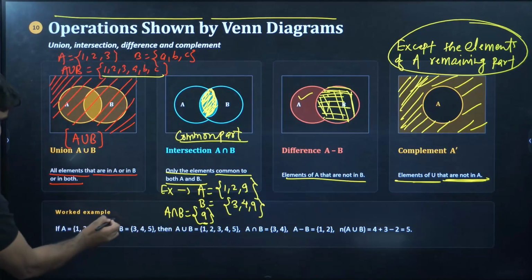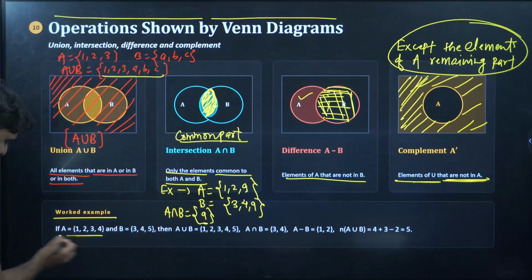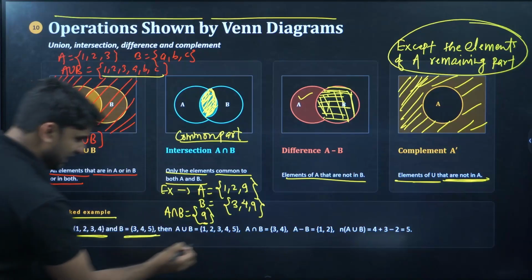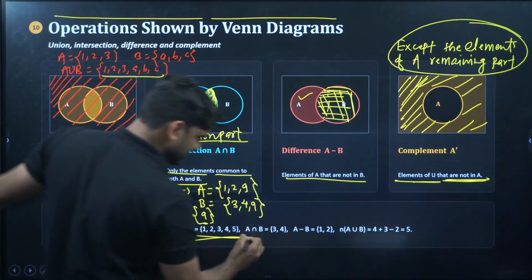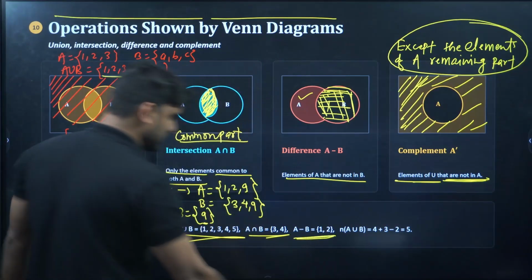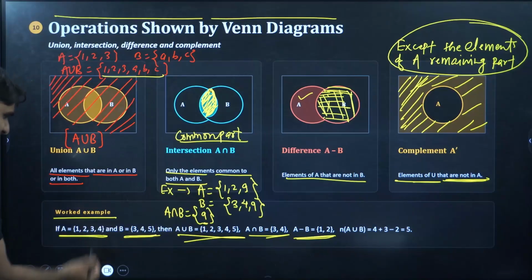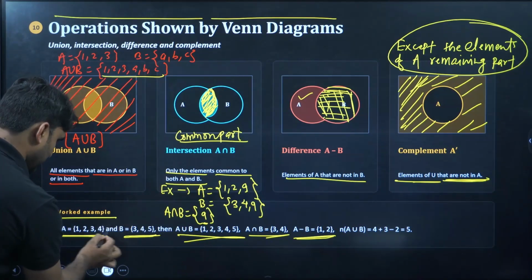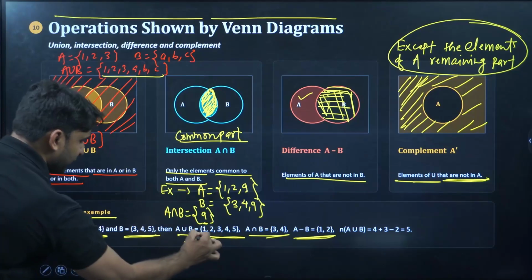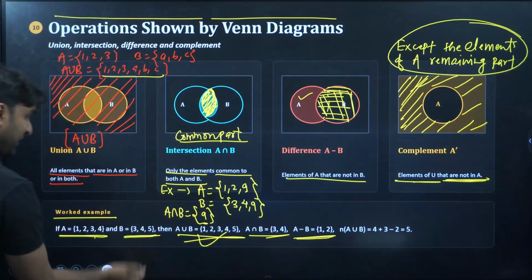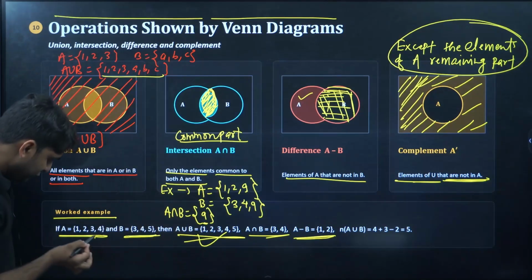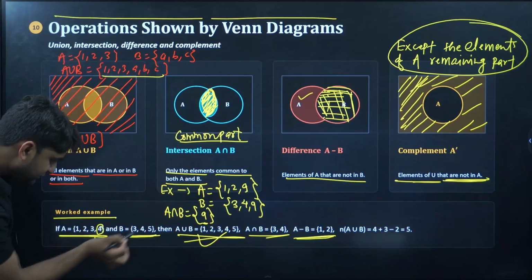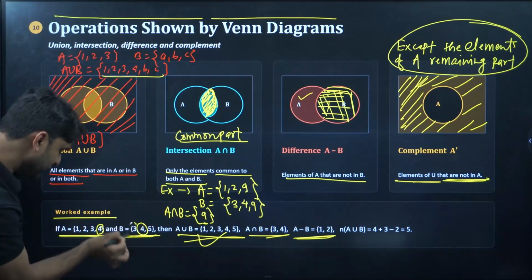So we have a question here. A is this, B is this, and we have the union and the intersection. What will be A union B, guys? All the elements: 1, 2, 3, 4, 5 will come. A intersection B, intersection means common. 4 is present here and here, 3 is here and here.